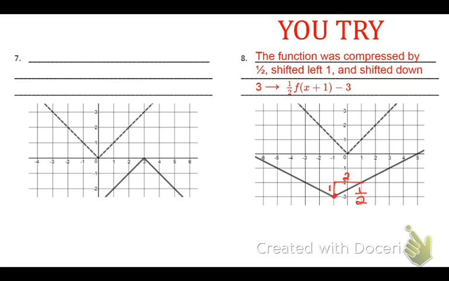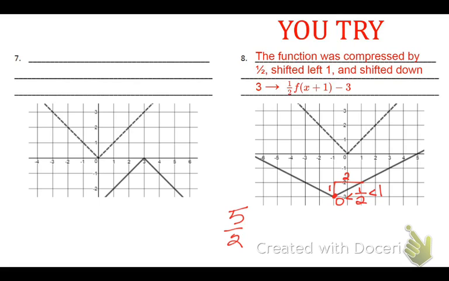Okay. And another way to think of it, if you remember what we wrote into our toolkit, 1/2 is greater than 0 because it's positive. It's not a reflection, but it's still less than 1, which tells me I have a compression. Okay. I don't want you to think of it as a fraction. The fraction tells me it's a compression. No, because I can give you 5 over 2. Is that a fraction?